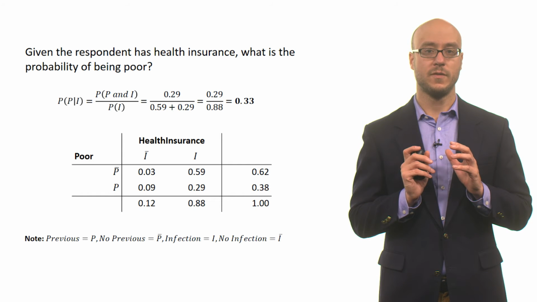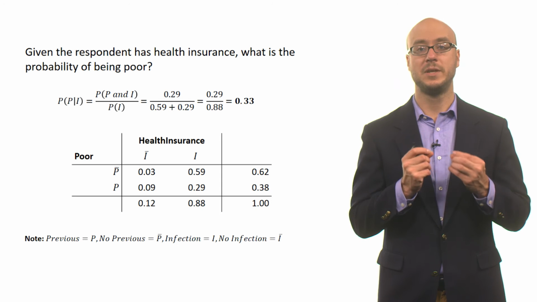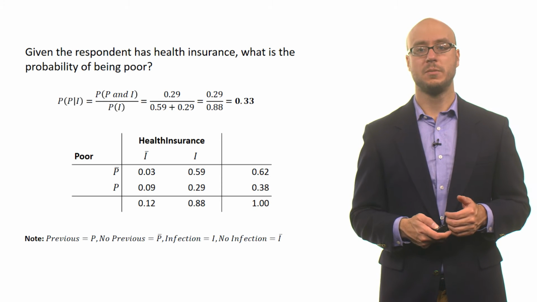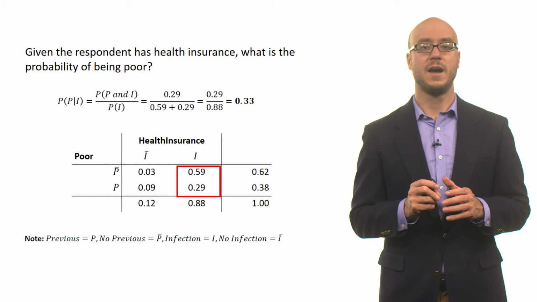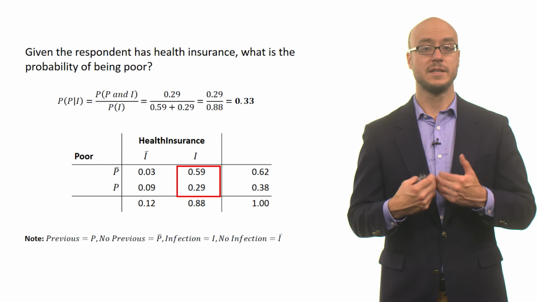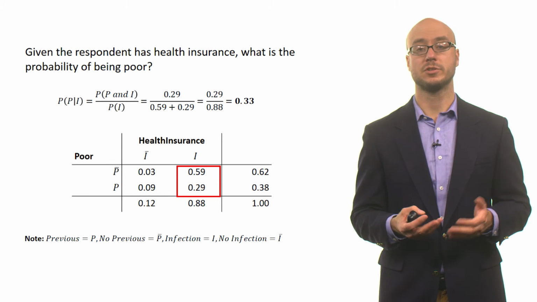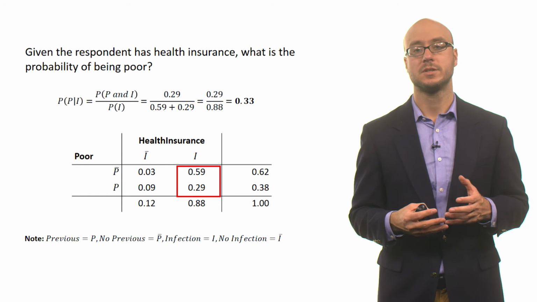So we can use the formula for the multiplication rule, the probability of P and I divided by the probability of I. The probability of I is the sum of 0.59 and 0.29. That's 0.88. That's just the marginal or unconditional probability of having health insurance. Overall, 88% of the population has health insurance.